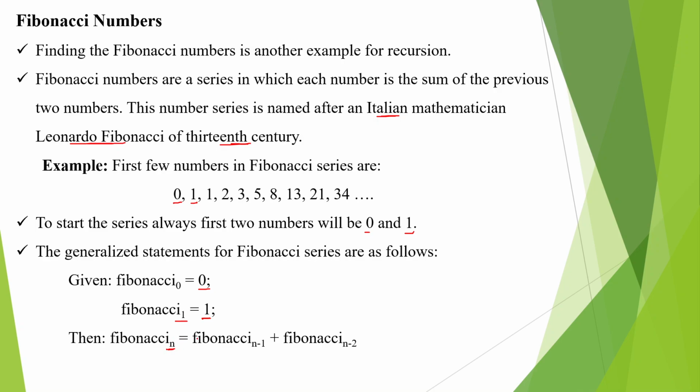Simply we need to sum up Fibonacci of n minus 1 and n minus 2, the previous two terms. If you call this the nth term, then this becomes the n minus 1 term and this becomes the n minus 2 term. So to calculate the nth term, we simply add these two.